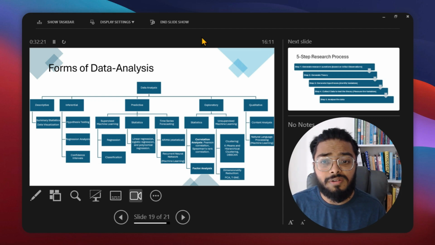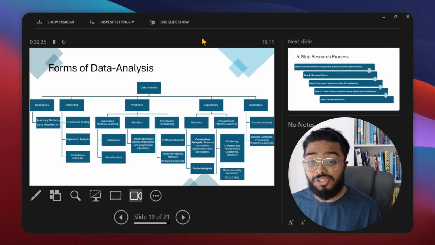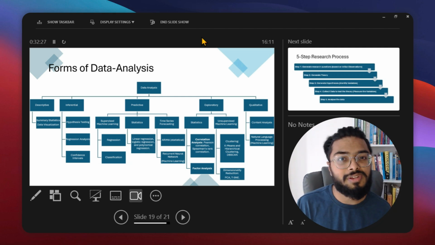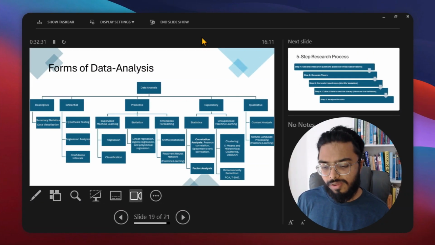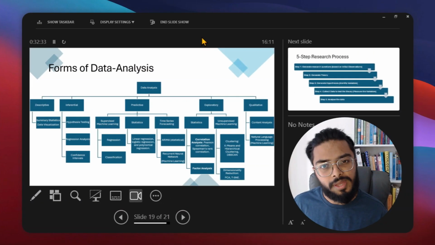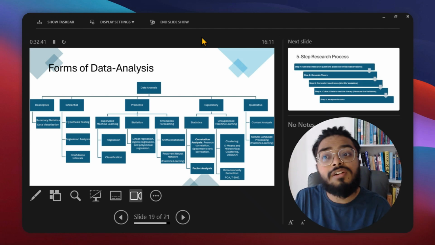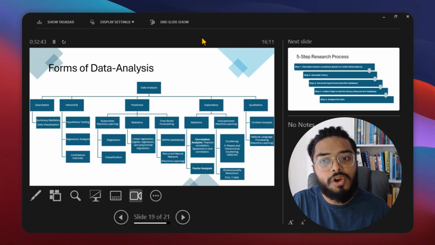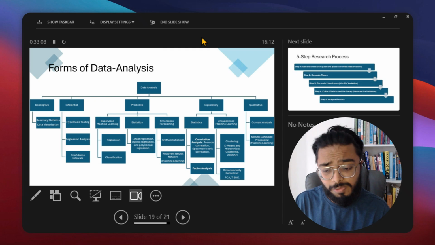But if you are trying to do machine learning, you can do clustering, dimensionality reduction, all those kind of new interesting techniques. So overall, there is a lot you can do, and once you understand these things, you'll be able to find the right kind of analysis for answering your research questions. So that's the 5 steps of the research process.